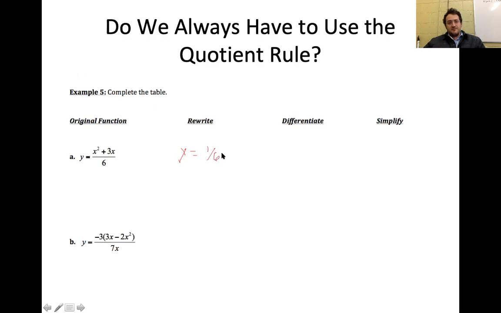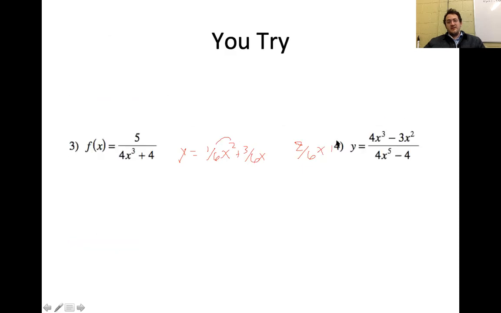one-sixth x squared plus 3 over 6x. And then I just differentiate. So let's see, this would be 2/6 x plus 3/6.